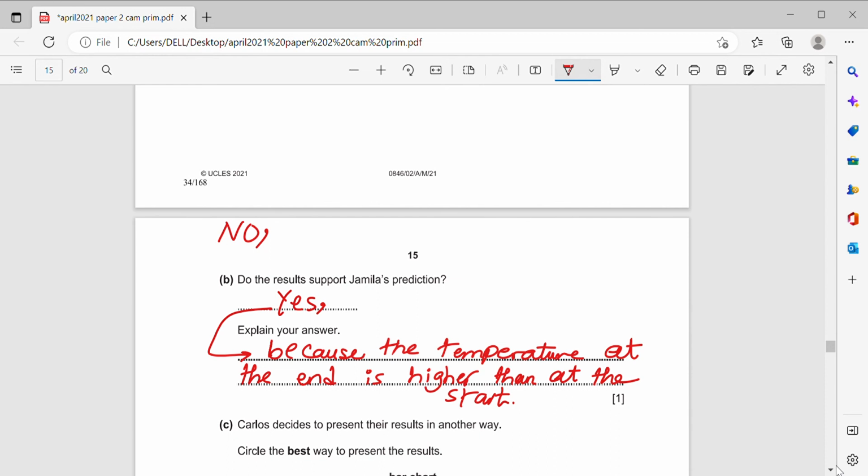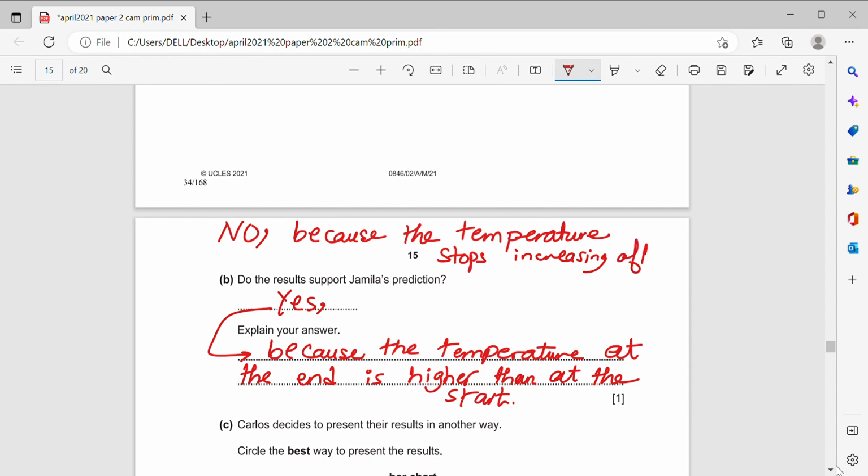Why? Because the temperature stops increasing after a while. It stays the same at some time. So we say because the temperature stops increasing after a while.